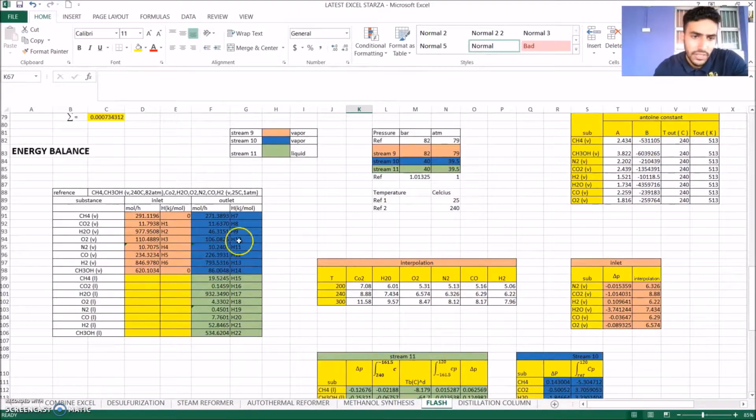As we can see here in the inlet, we choose the reference of the inlet. So we make 0 for the CH4 and CH3OH, which is methanol. After that we converted it to liquid.